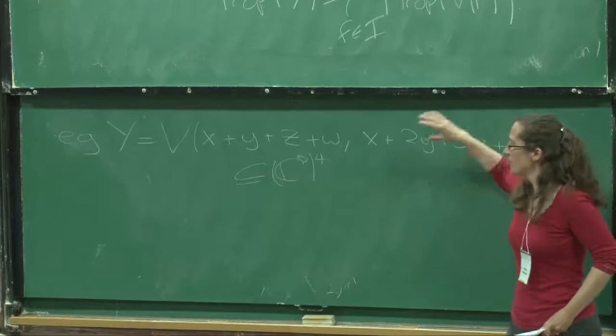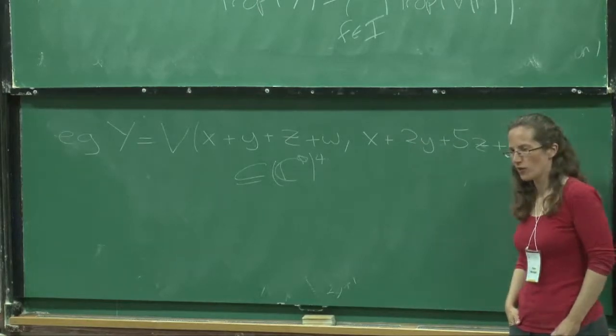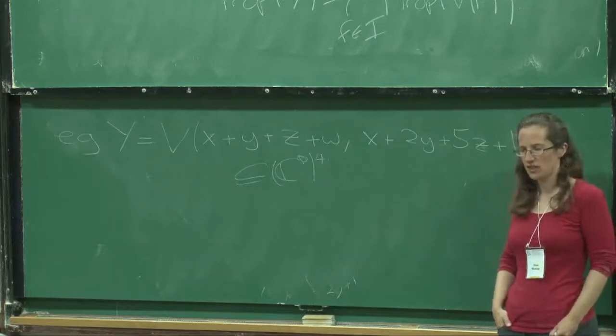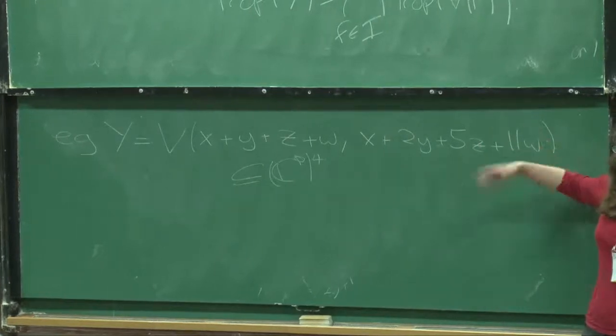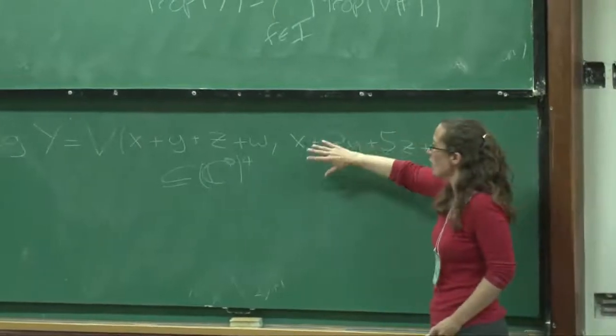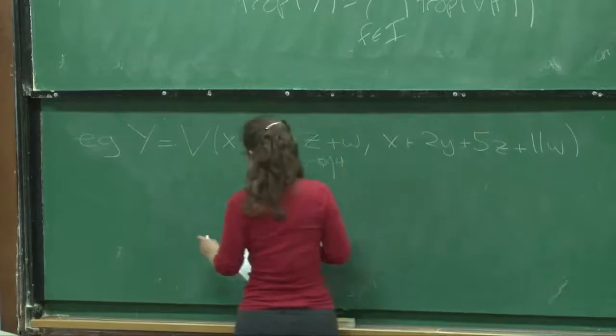What is this? If I was working as an affine variety, it would be incredibly boring, right? This would be linear algebra. It would just be a two-dimensional subspace of C to the fourth. Because I'm working in the torus, life's a little more interesting, because what I remove turns out to tell us a lot of information. But let's do it first.